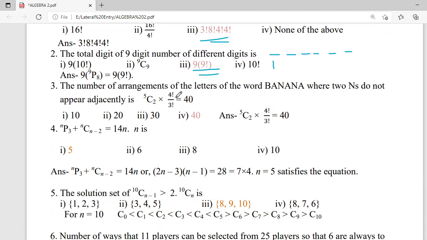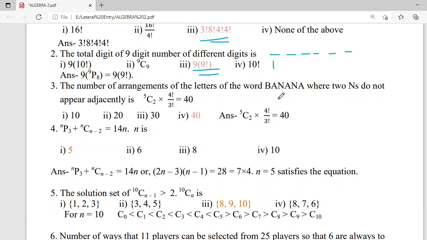Then this is the number of arrangements of the letters of BANANA, where the 2 N's do not appear adjacently. So these 2 N's will go in between the B and the 3 A's.